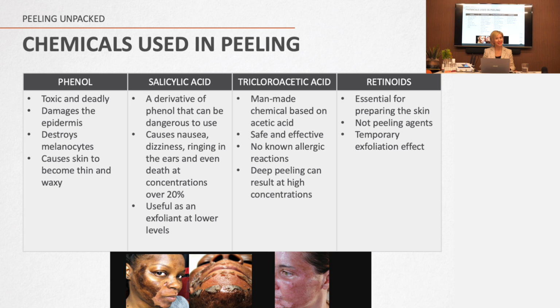Next, salicylic acid. Well, this one's actually a good one. And although it's a derivative of phenol, in small percentages, it's highly effective. And I love salicylic acid because we see it a lot in our skincare products for acneic or problematic skin.